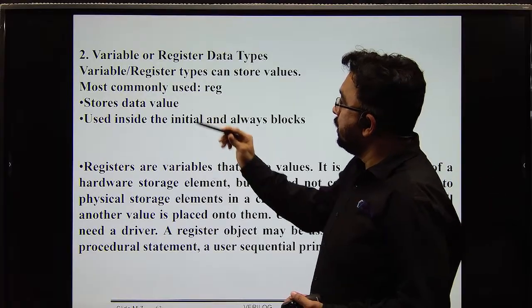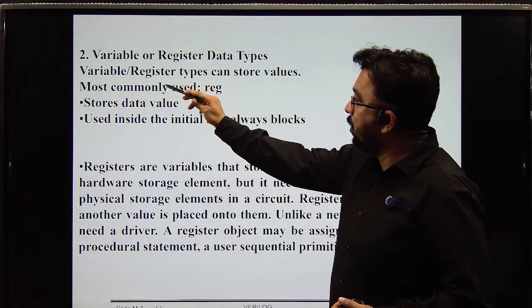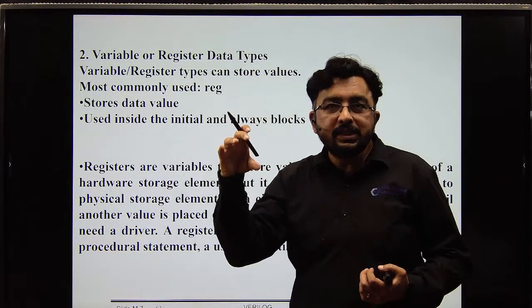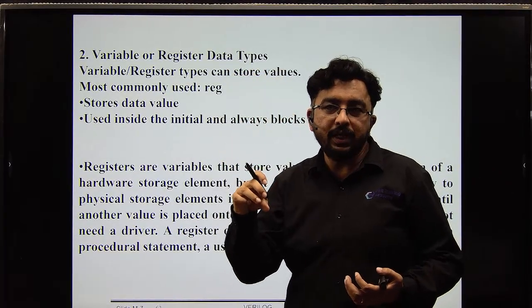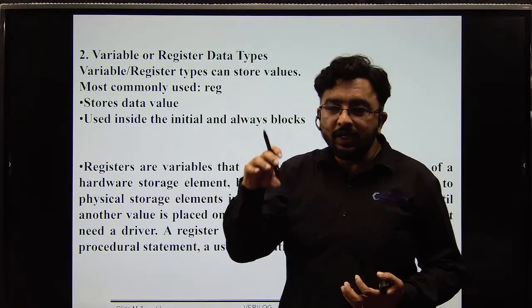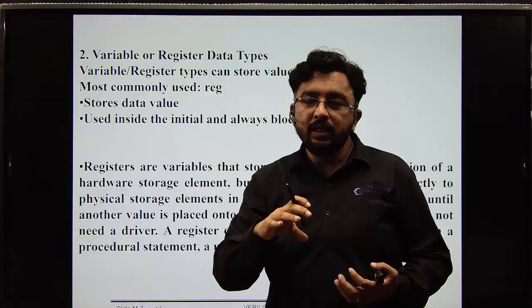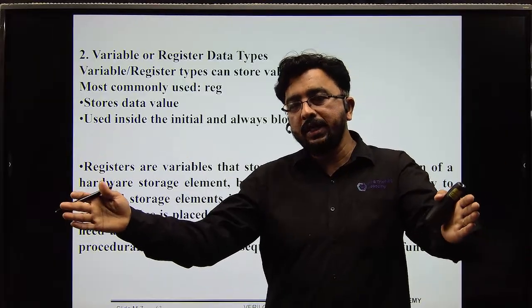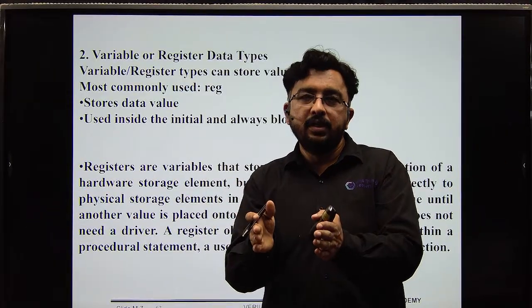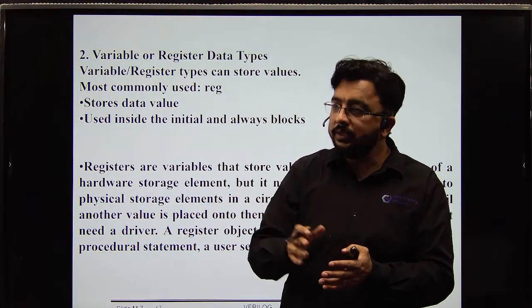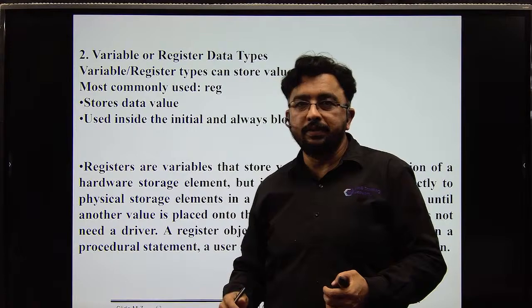The variable or register types can store a value. As I mentioned, they are basically storing the value. A variable, as I mentioned previously, is basically an interface between two modules which stores the value and uses it after some time.